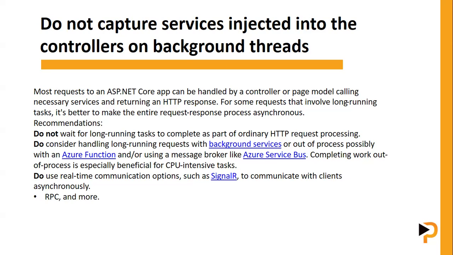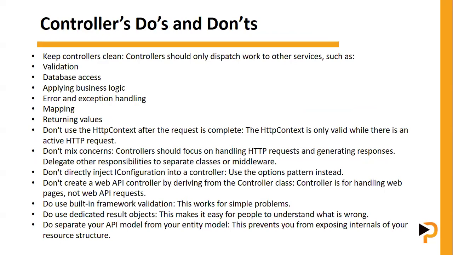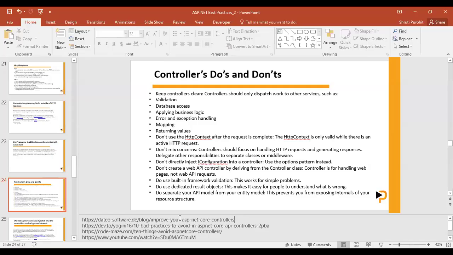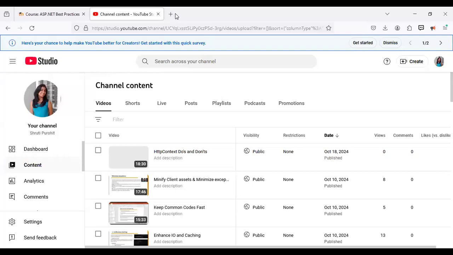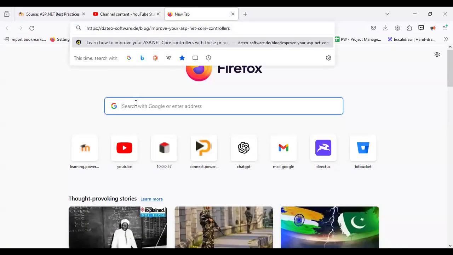This is also related to the controllers. You can go with an async way or background services, or you can create a different component for such long running tasks. Now let's go ahead with the different blog links I have shared.